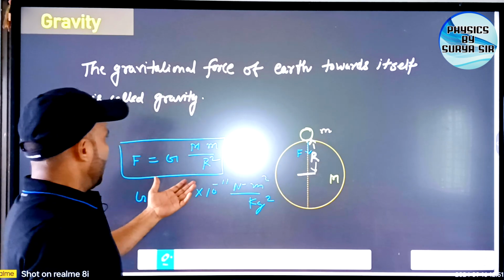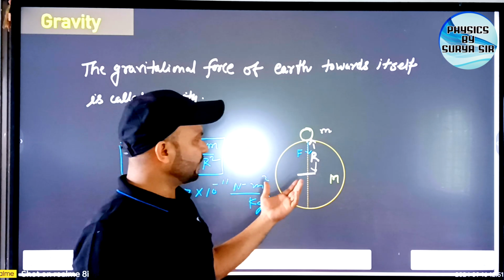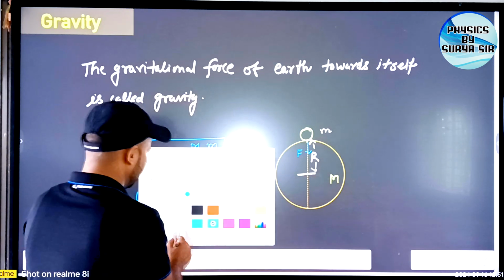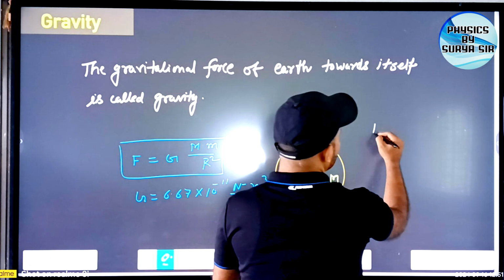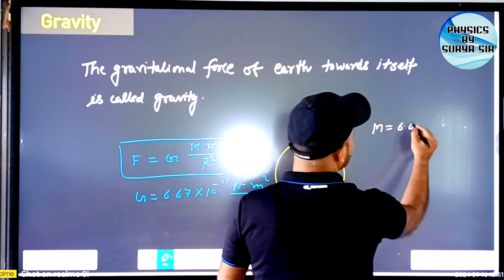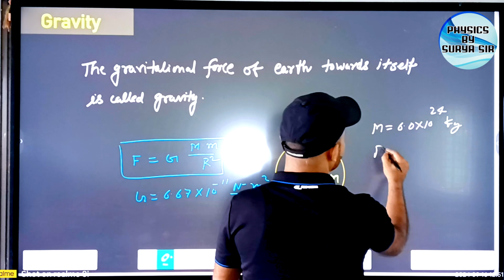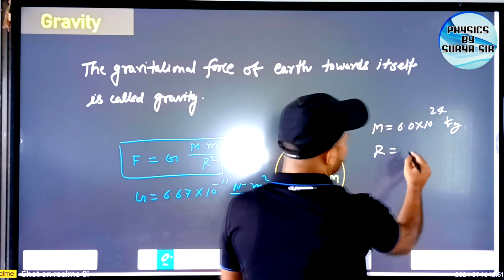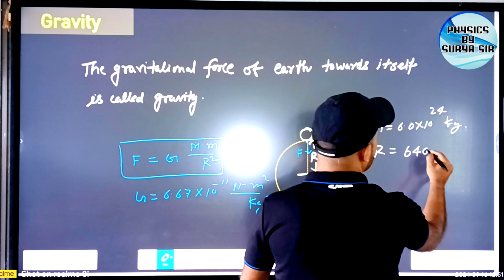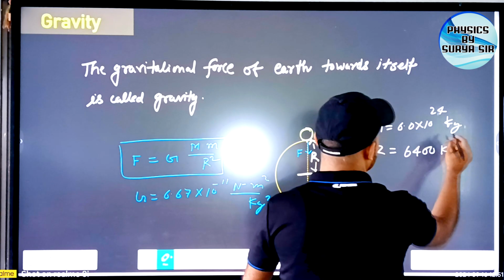We know that the mass of earth is very large. The mass of earth is nearly 6.0 into 10 to the power 24 kg, and the radius of earth is nearly 6,400 kilometers.